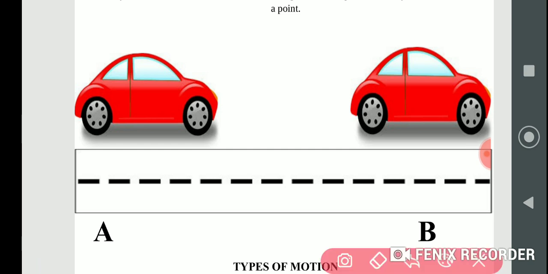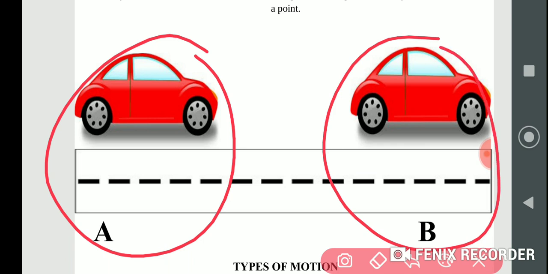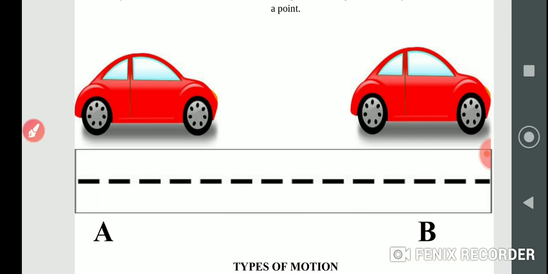Initially, the car is at position A and finally it is at position B. So the car is changing its position with respect to the reference point. Suppose point A on the road is a reference point and point B is another point. So the car is changing its position, and we can say that the car is in motion.